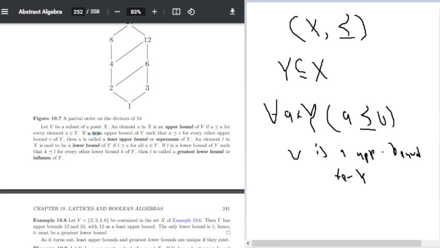If u is an upper bound of Y such that u is less than or equal to v for every other upper bound v of Y, then u is called a least upper bound, or a supremum, of Y. So this is a supremum if, given any other upper bound v, we have that u is less than or equal to v.